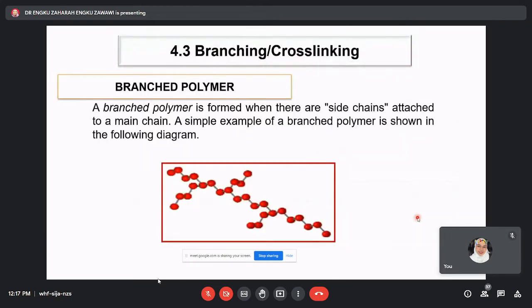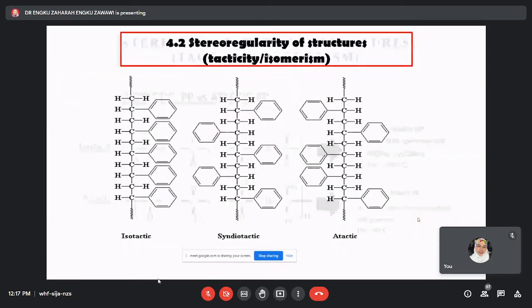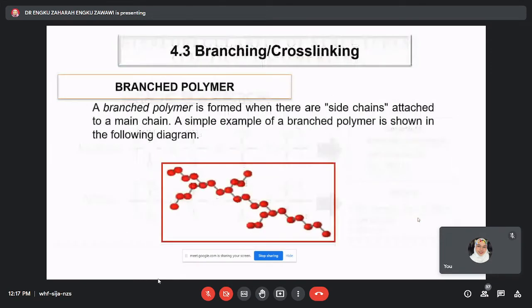Okay, so next is branching and crosslinking.